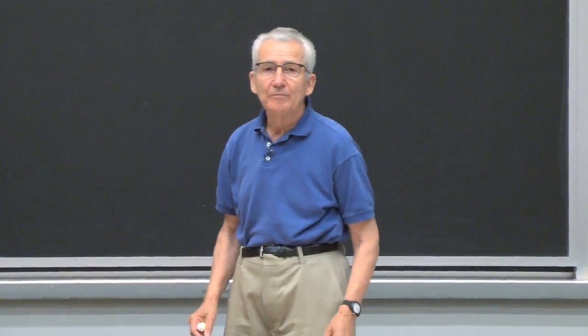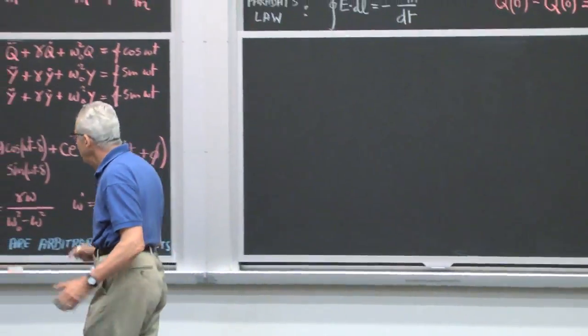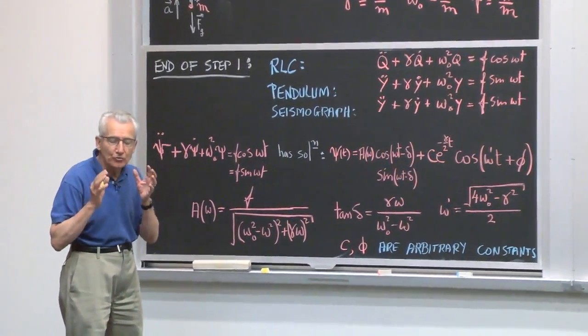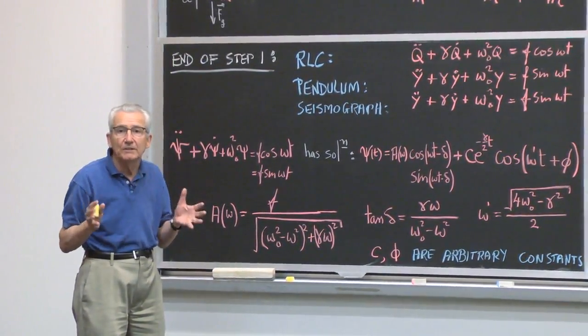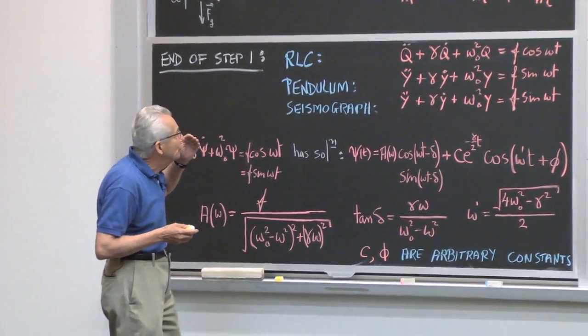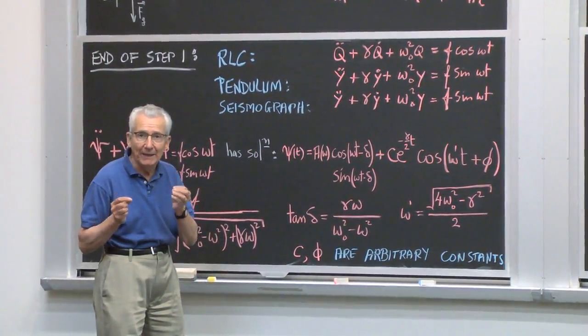All right, we've erased the boards, and we can therefore continue. Let me remind you, what we have shown is we've taken three completely different systems, and described them in terms of mathematics.